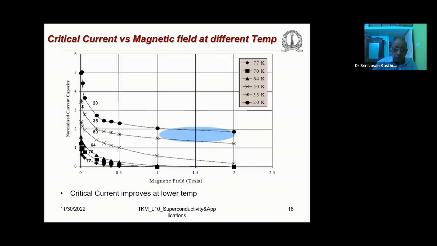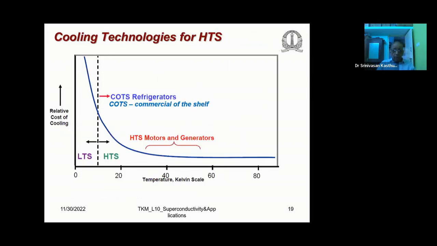With the same superconducting wire, I will be able to have a larger magnetic field if I reduce the temperature to lower values. Now, what are the cooling technologies available for high temperature superconductors? There are a lot of refrigerators available commercially. You can use either liquid helium or cooling by a cryocooler. Both are possible.